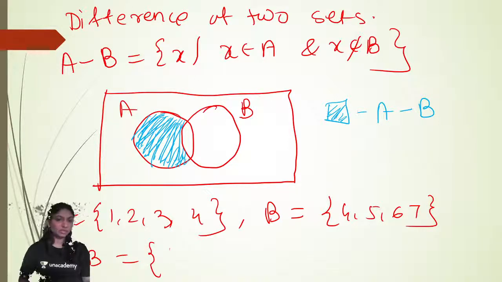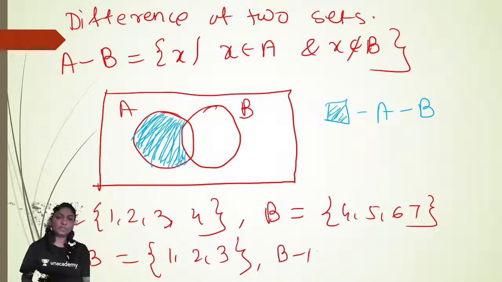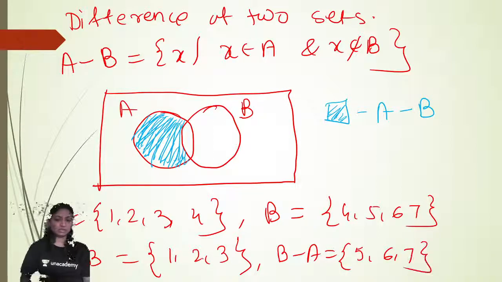Yes, 1, 2, 3, not in B, correct? So this is your A difference B. So what is B difference A here? The elements which are in B but not in A, that is 5, 6, 7. You getting it? So that is how to denote the difference of any two sets, A difference B and B difference A, by using a Venn diagram and with the help of an example also.